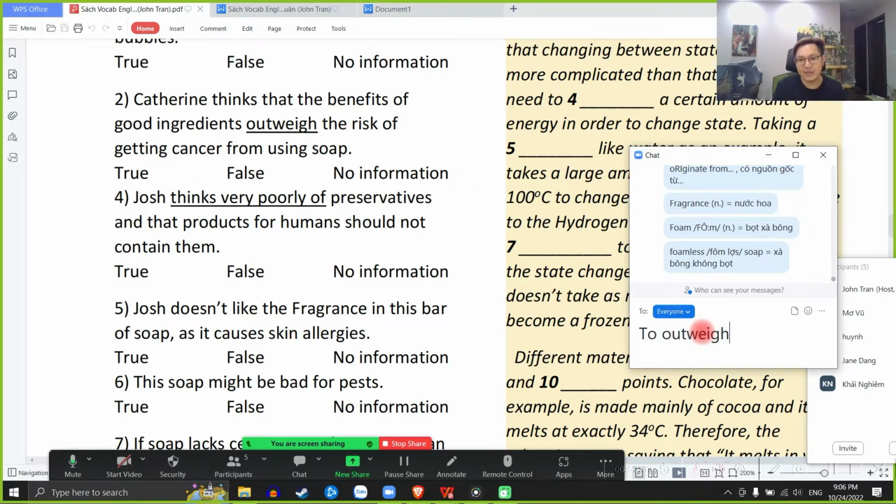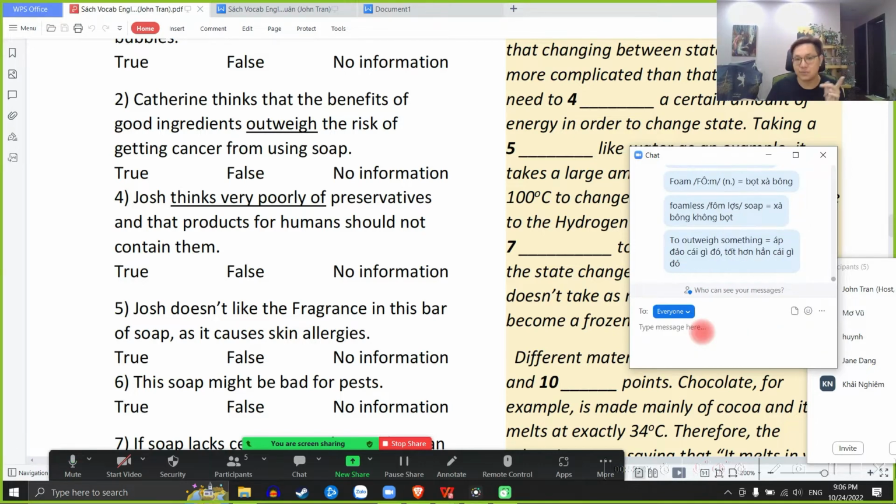To outweigh something, áp đảo cái gì đó, hoặc là tốt hơn hẳn cái gì đó. So to outweigh something means it's stronger than something, mạnh hơn cái gì đó. Catherine nghĩ rằng cái lợi ích của những cái nguyên liệu tốt nó áp đảo cái nguy cơ có thể bị ung thư từ sử dụng xà bông.